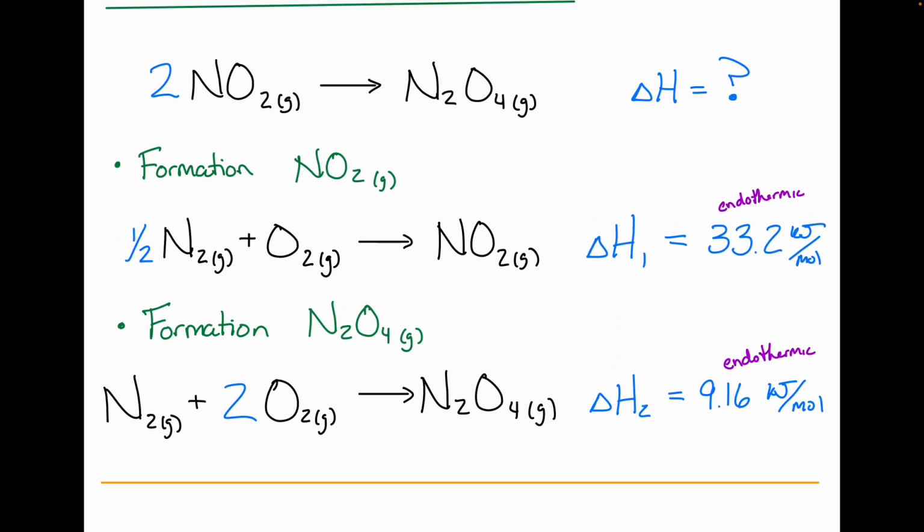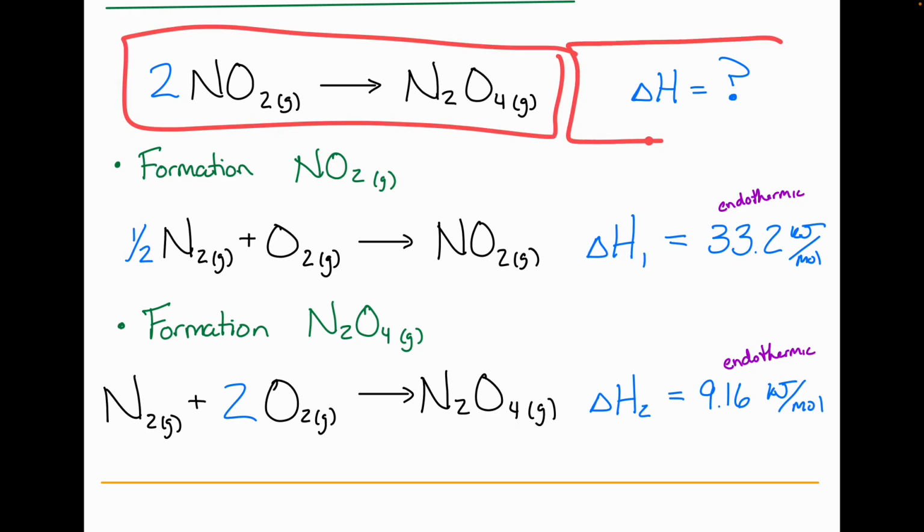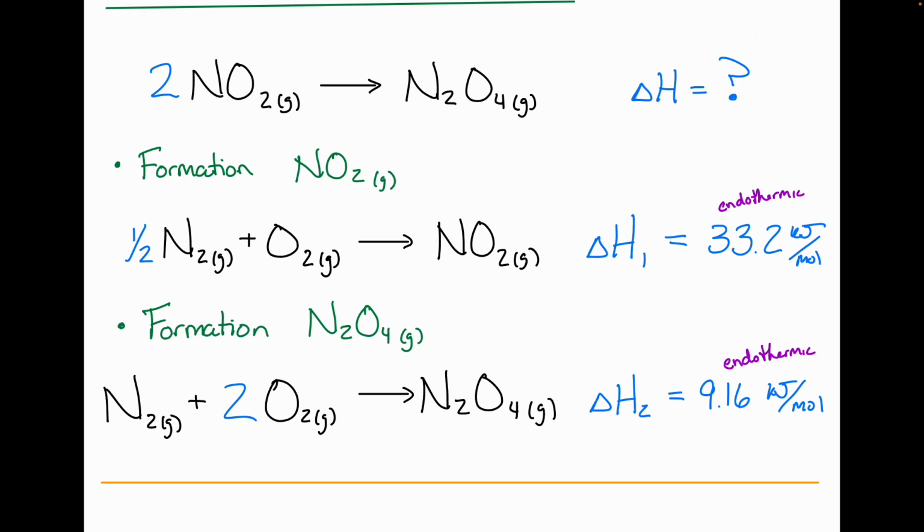All right, now we're going to take these two formation equations and combine them together to make what we're going to call our overall equation, the one that we started out with. Remember, we started out with this here, and we want to find the delta H of that reaction. What we did was break up all of our reactants and products into these formation reactions.